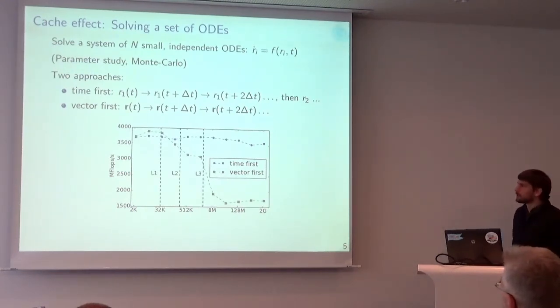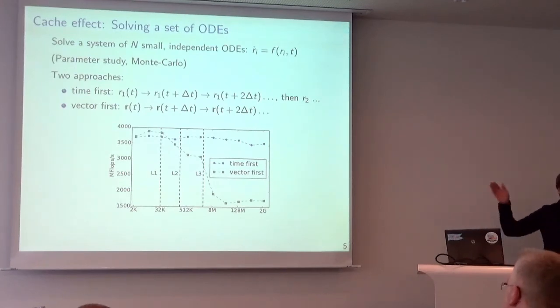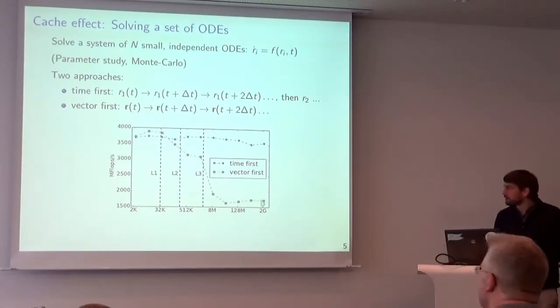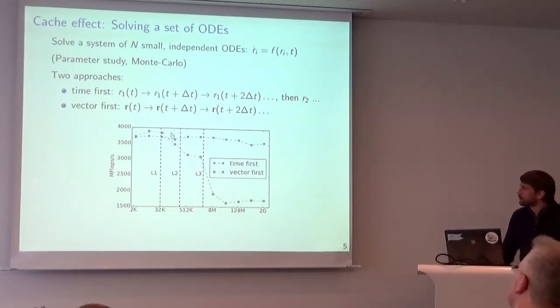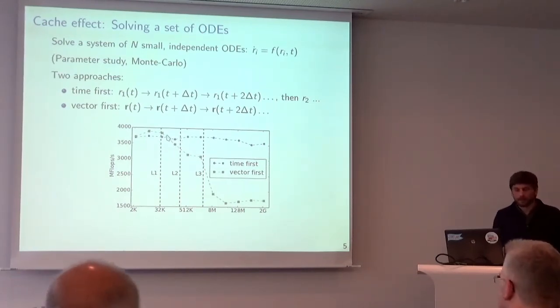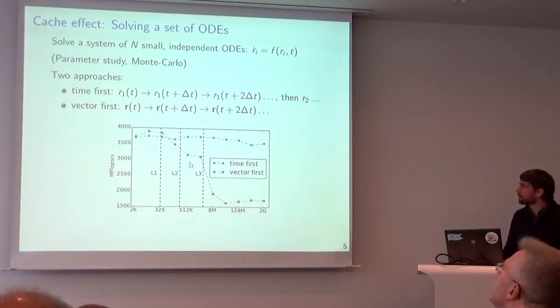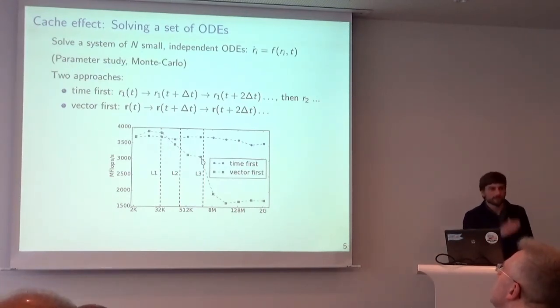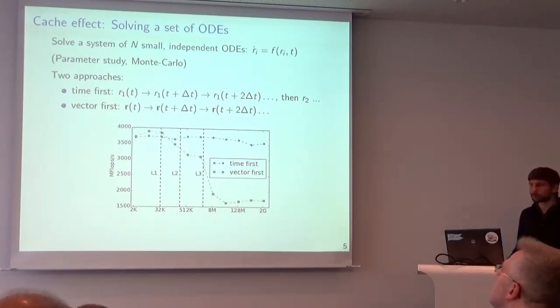If I draw lines at the cache sizes for these simulations, you can actually identify that as soon as I reach L2 cache size, I'm getting a clear performance drop, and then if I'm reaching L3 cache size, I'm going down even more.